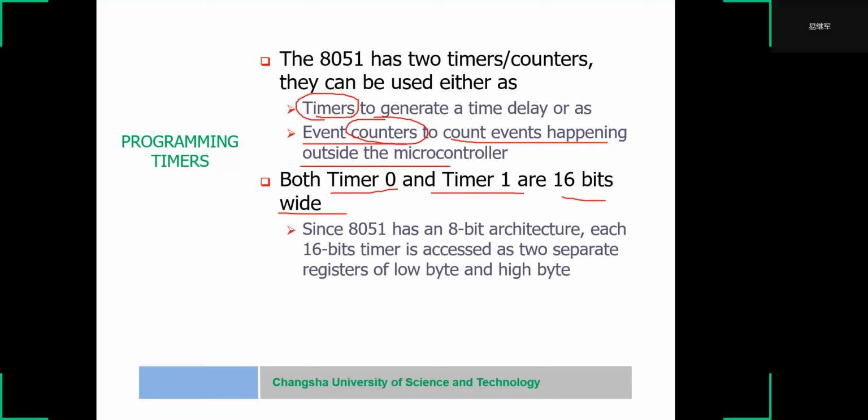Since the 8051 has an 8-bit architecture, each 16-bit timer is accessed as two separate registers of low byte and high byte. So if you want to access the timer register, you need two steps.